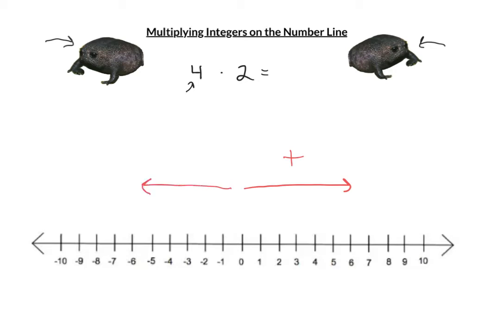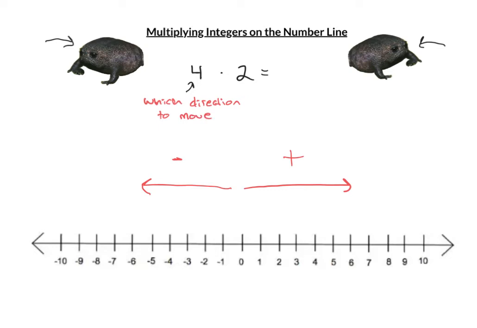Anything to the left are all of our negative numbers. And this first term here, that positive 4, tells us which direction we are moving in. Which direction to move. So in this case, we have a positive 4.